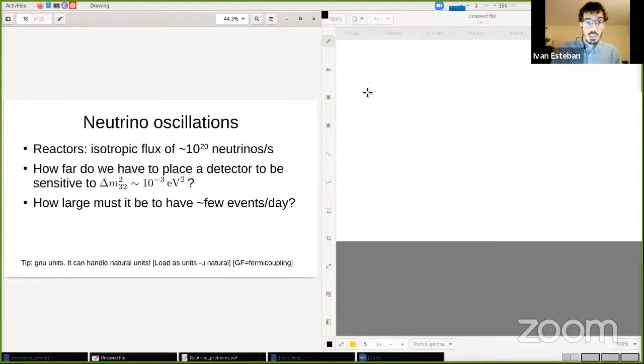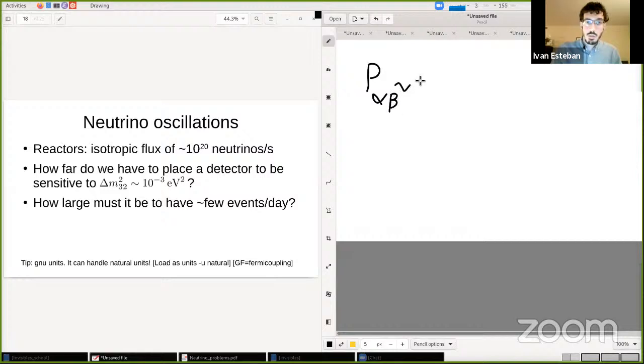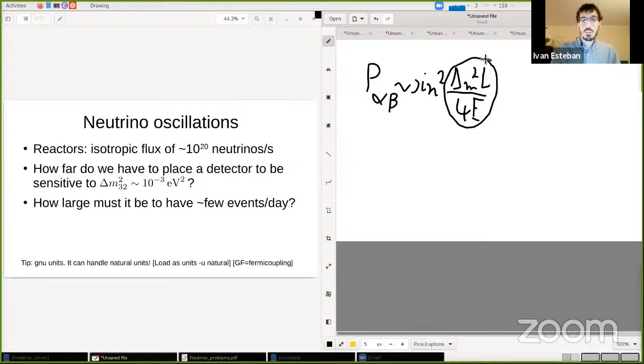Well, we know that the oscillation probabilities go as the sine squared of delta m squared L over 4E. And so we want this factor to be of order 1.